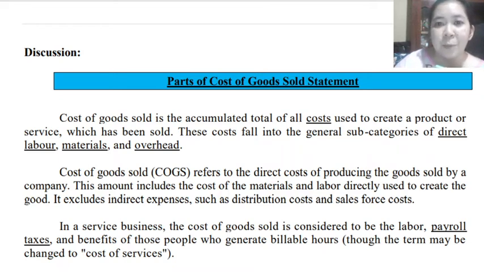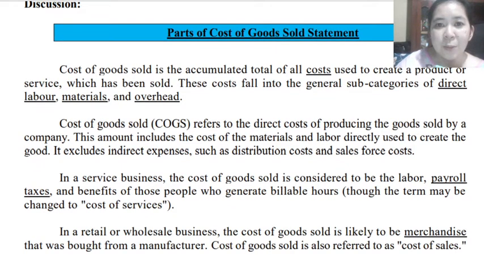Take note also that in our subcategories, we will include here the indirect labor and the indirect materials under the factory overhead category, and all the other indirect costs should be included. Only the indirect labor and the indirect materials will be included.